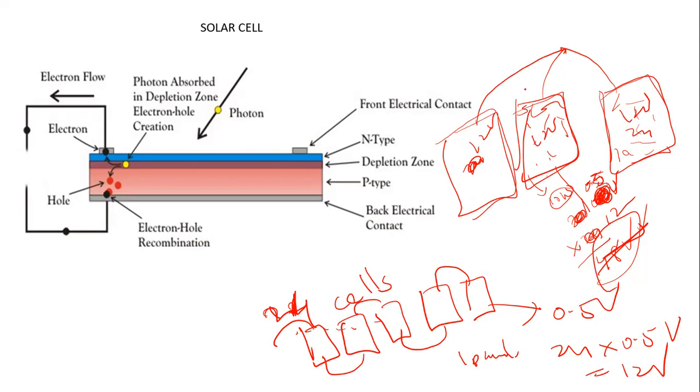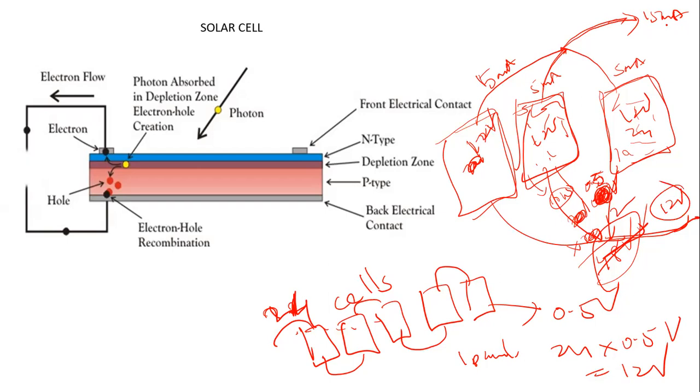And if you connect all these panels in parallel, the current coming from each 12 volt panel, let's say, is 5 milliampere each. So the resultant current after parallel connection will become 15 milliampere. If you measure the current generated from these three panels, it will be 15 milliampere, and the voltage will be 12 volt.